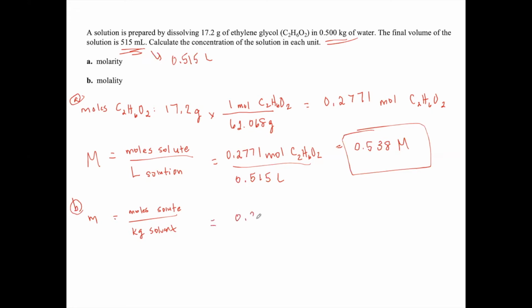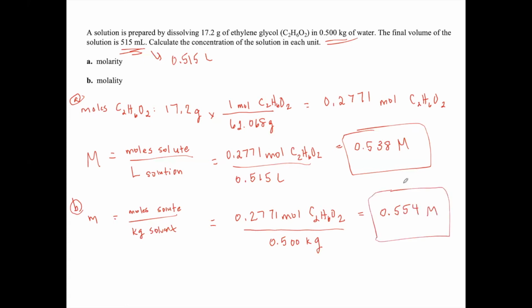So we just need to divide the moles of ethylene glycol by 0.5 kilograms, which gives 0.554. I should be a little bit more clear with my writing there. Molal, I believe is how that's said, lowercase m. Not too bad, right? I'm going to say not too bad about 500 times during this.